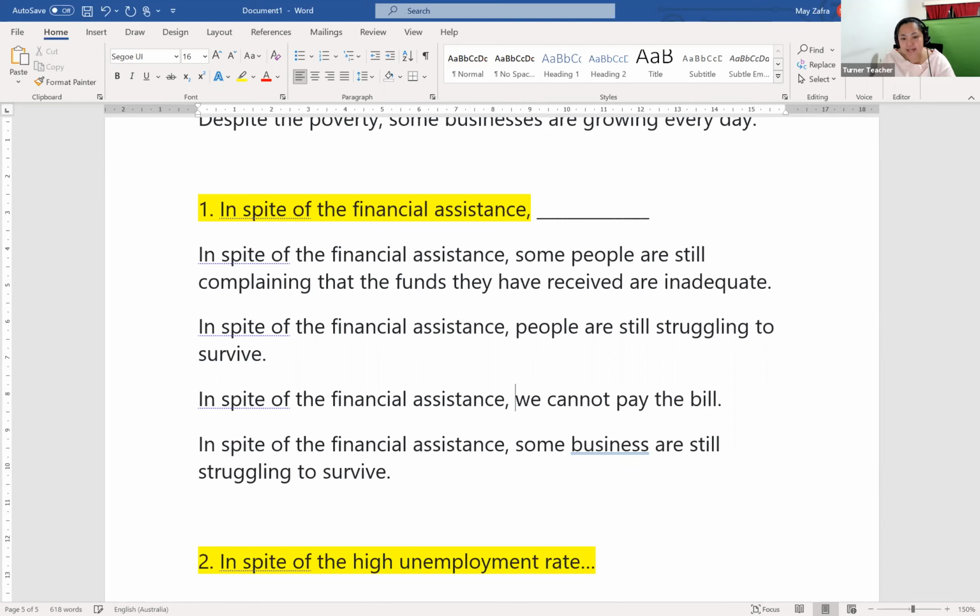Come on, everybody. Ten more minutes. In spite of the high unemployment rate, the number of jobs available on contracts are increasing each day. Yes.